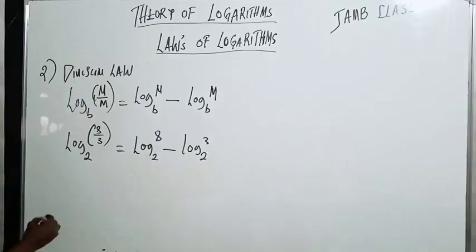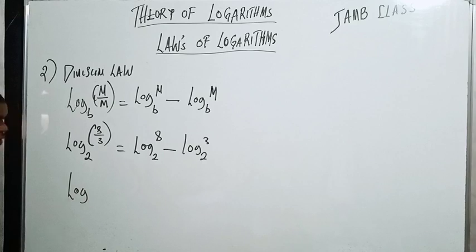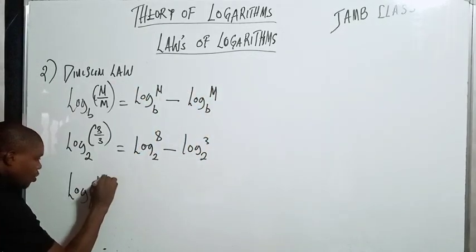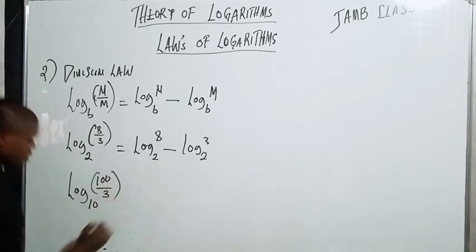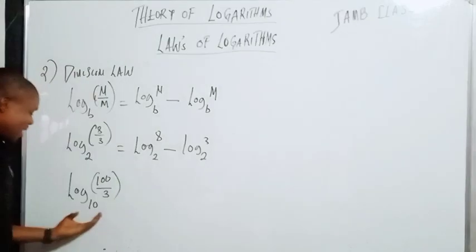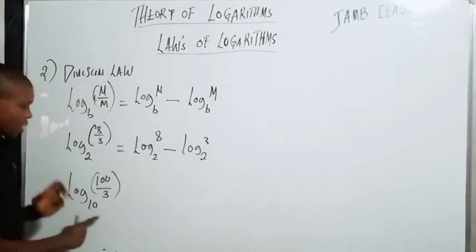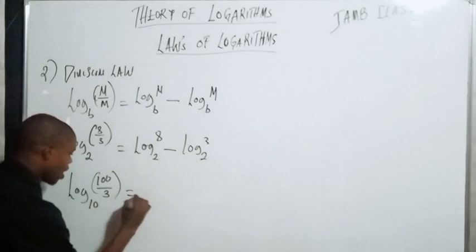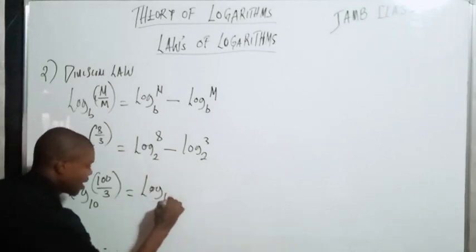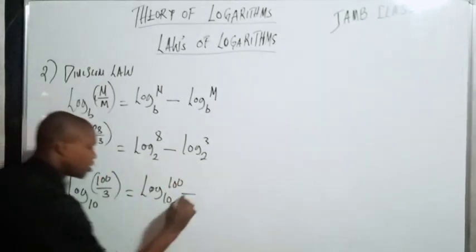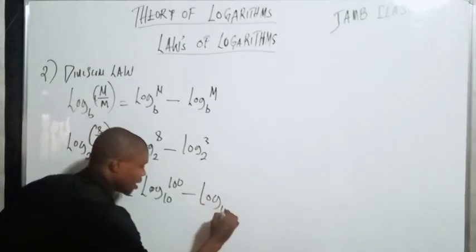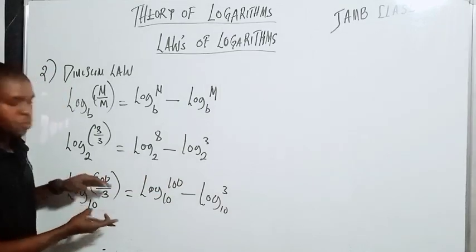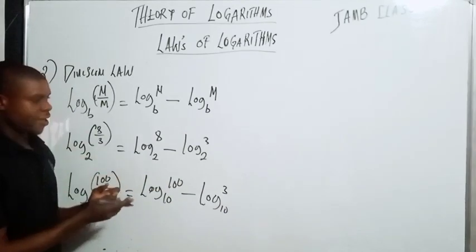Like log 10 of 100 over 3. Go ahead and evaluate this one for me. What's going to be the answer? Here you have log 10 of 100 minus log 10 of 3, right? Just understand these laws here.